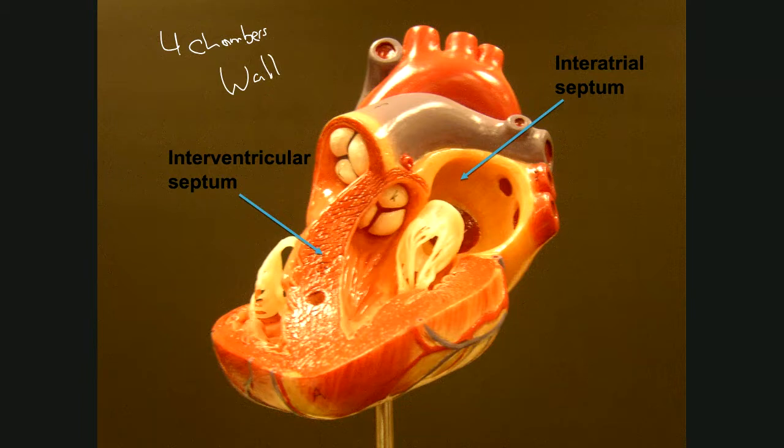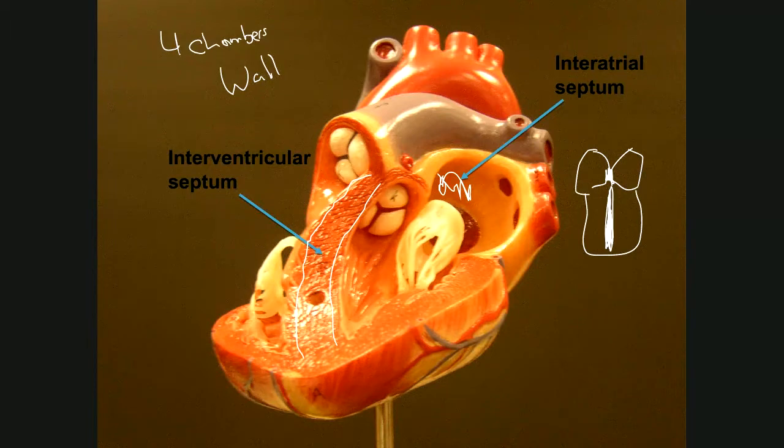A solid wall between the 2 ventricles and a solid wall between the 2 atria. So if you draw it, it looks like this. Here's the solid wall right here. And if you look down here, it looks like this. And here's the solid wall right here. So look, we have 1, 2, 3, 4 separate chambers.